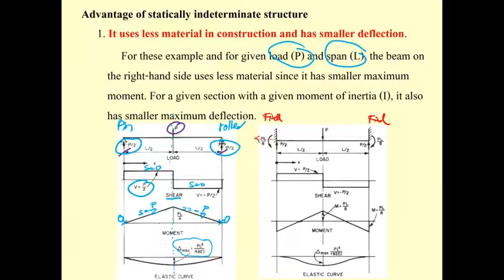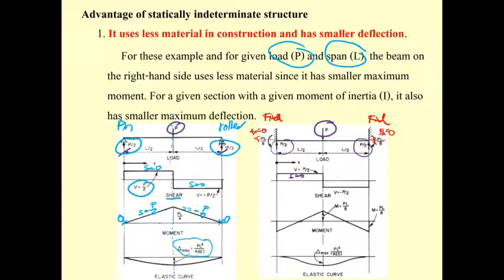Actually, it also has A sub x, but it's equal to 0, and B sub x is equal to 0, since this beam has no horizontal force. Due to the same force P applied to this structure, you can calculate that the reaction here is going to be P over 2.